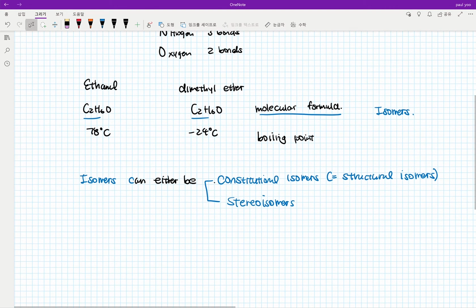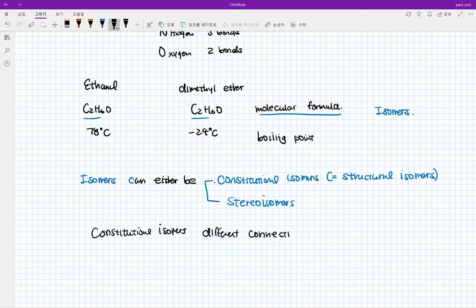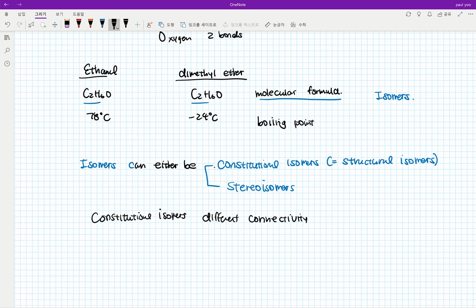Constitutional isomers have the same molecular formula but different connectivity. As a simple example, ethanol and dimethyl ether are constitutional isomers.